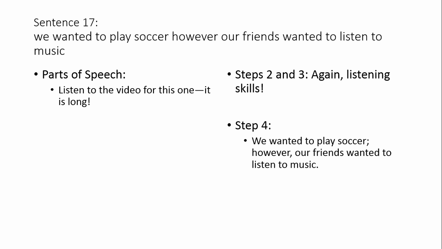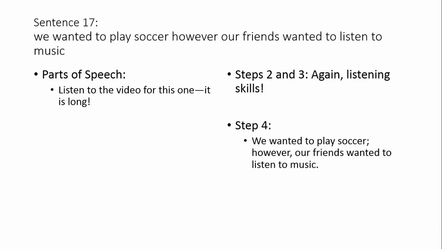And then to listen to music gets, again, a little bit tricky. You have an adverbial prepositional phrase inside of an infinitive phrase. And so to listen to music, if you were to put that all in parentheses, the to listen is going to be the infinitive, and the to music is the preposition at the end there.